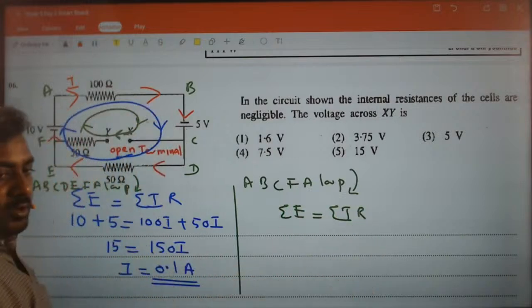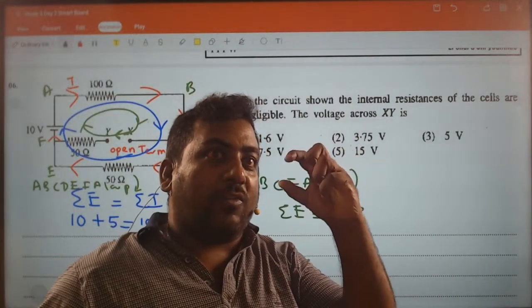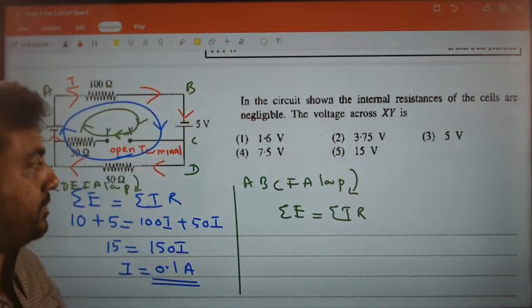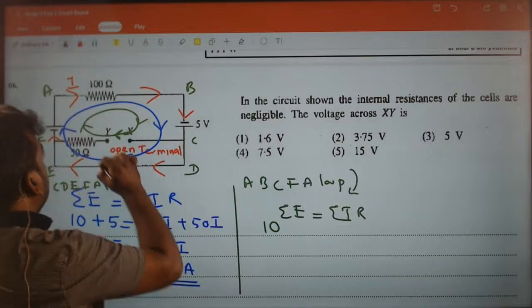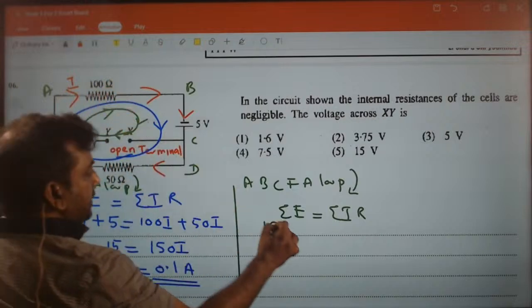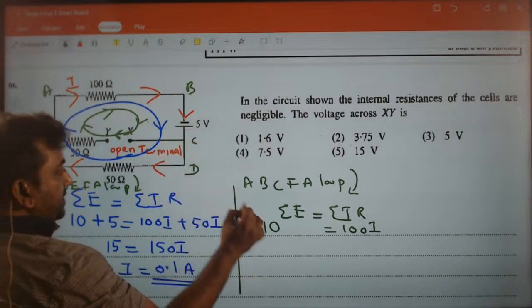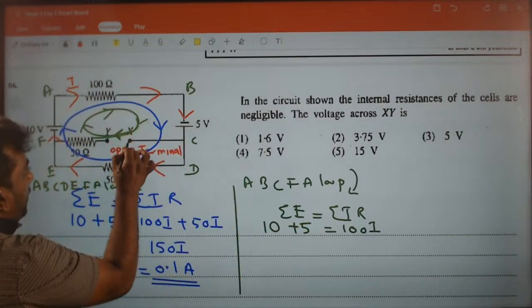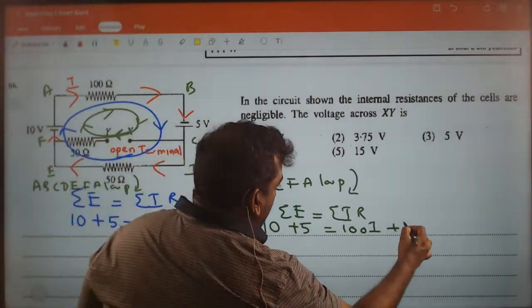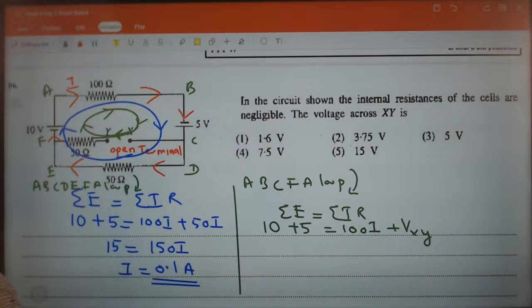Look at the board. Remember when I taught you the theory, how to find the potential difference across a capacitor. Same way. Here minus to plus positive. Loop direction, current direction same. 100I. Here minus to plus positive. Now this loop arrow is going from X to Y, so voltage X to Y. X voltage is higher.